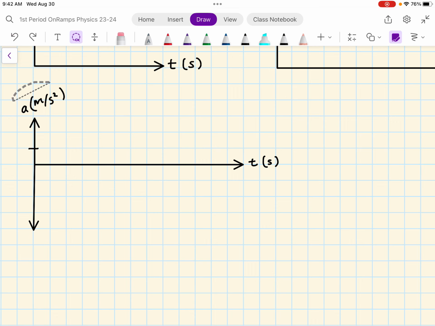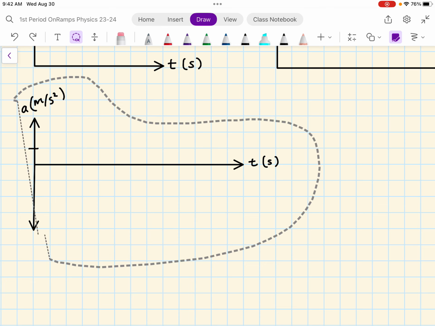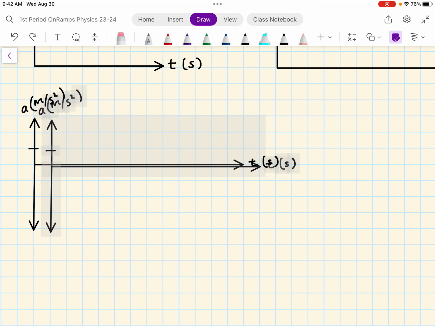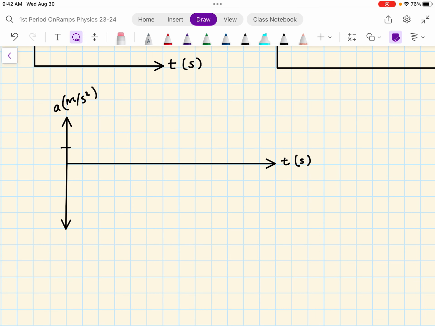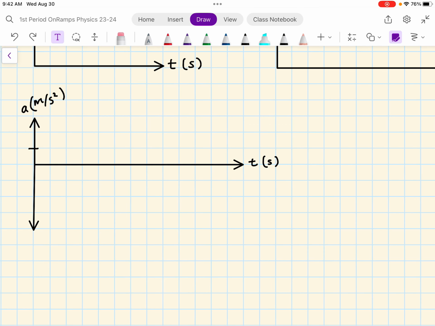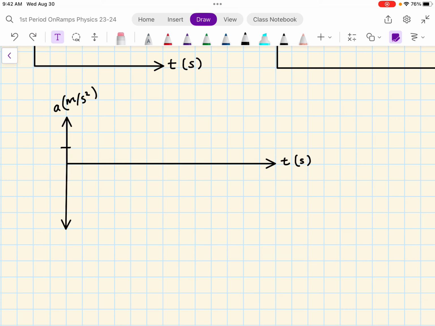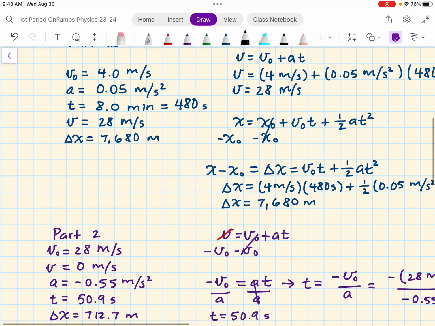Let me move my graph so I have more room here. There. This is going to be 0. I can do this, guys. 0.05. There you go. And then I'm going to use the same color just to keep consistency.